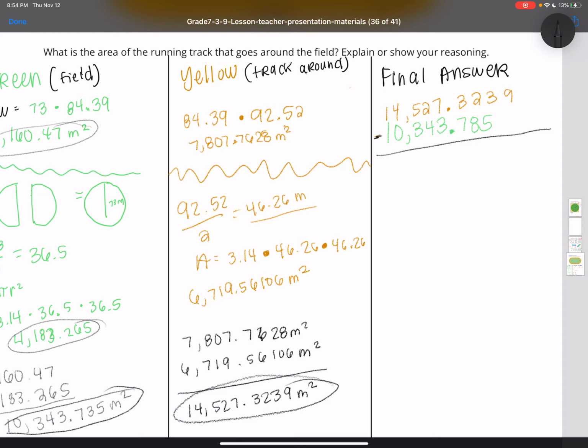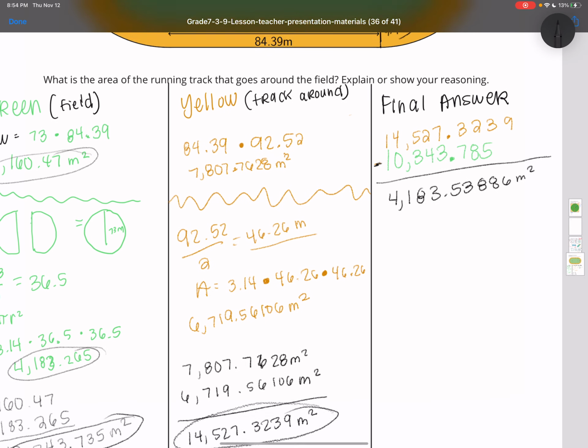So I'm going to subtract that in my calculator. You guys could be doing the same thing at home. And your final answer should be 4,183.53886, and don't forget about your units, okay?